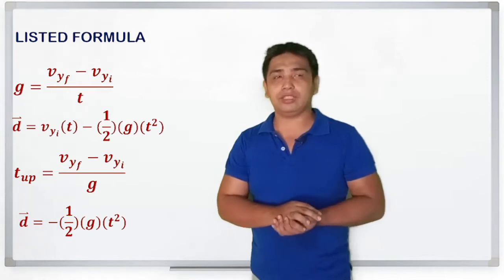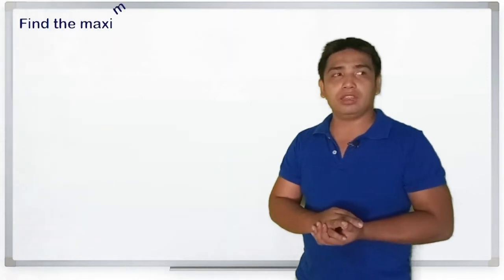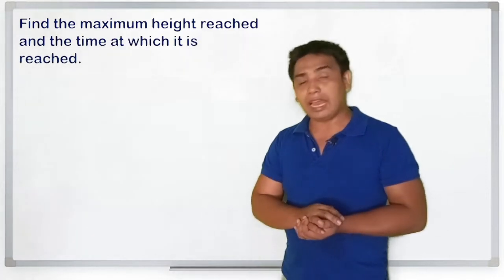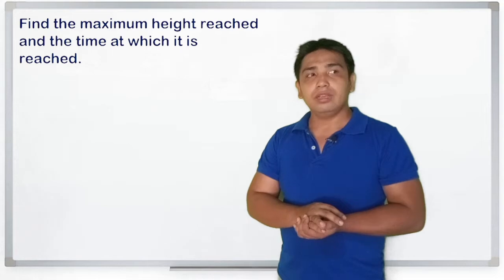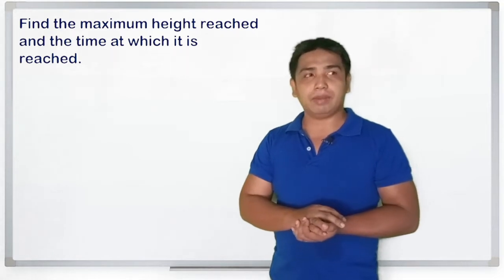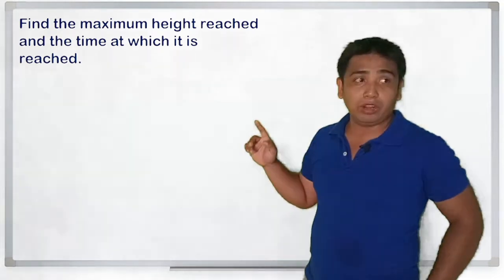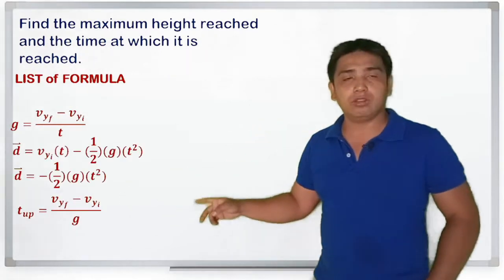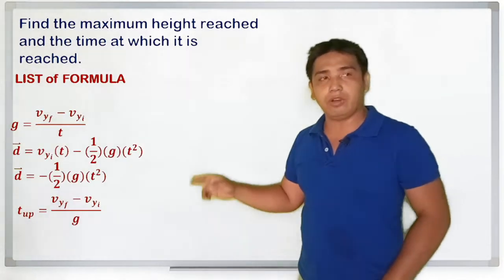We can substitute the values and find the time for the ball to reach its maximum height. The formula that we are going to use is t up equals v_yf minus v_yi all over g.